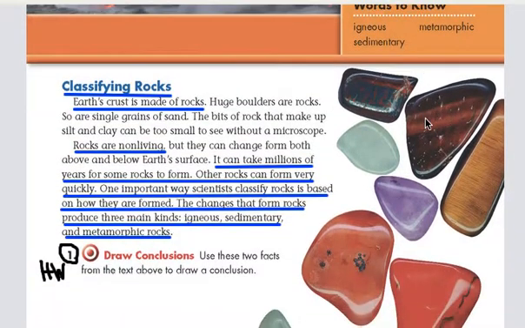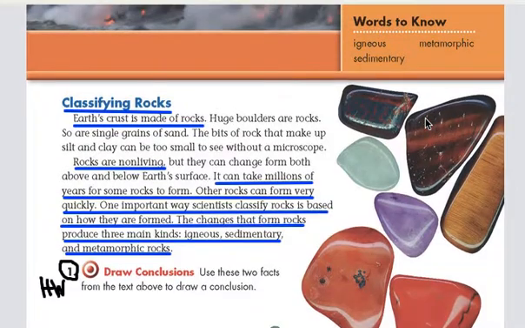So to start with, we all know that we have a lot of types of rocks. Earth's crust is made of rocks. Huge boulders are rocks. Sometimes we can find rocks that are very tiny, that need a microscope to be seen.